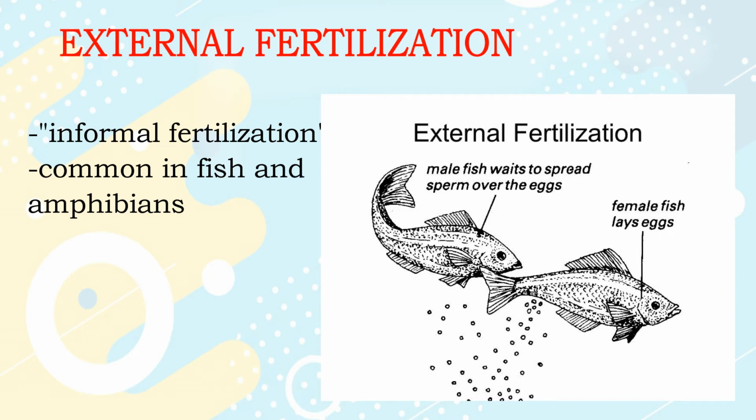So in the case of fish, the female fish just releases the egg cells, while the male fish releases the sperm cells. And in the environment, randomly the sperm cell and egg cell might unite, and that is called external fertilization.